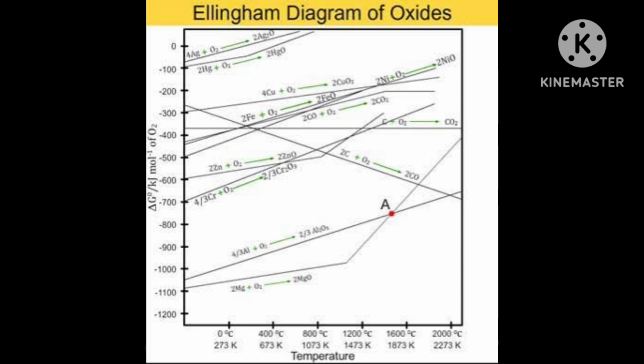The graphical representation of Gibbs energy was first used by H.J.T. Ellingham. This provides a sound basis for considering the choice of reducing agent in the reduction of oxides.